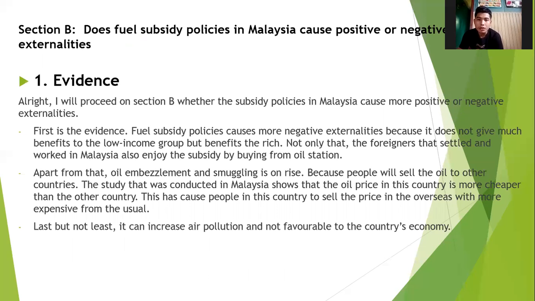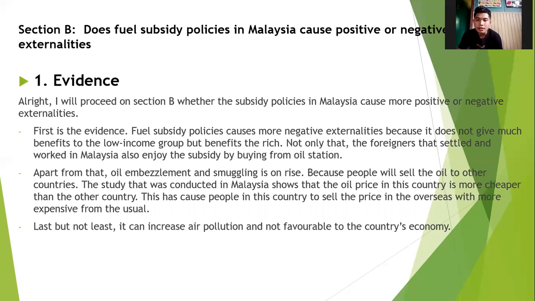I will proceed to section B, whether the subsidy policies in Malaysia cause more positive or negative externalities. First is the evidence. Fuel subsidy policies cause more negative externalities because they do not give much benefit to the low income group but benefit the rich.